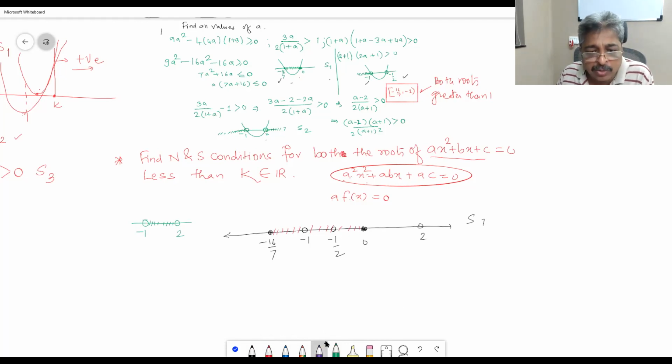Let me mark S2 in violet, -1 to 2. And S3 will be left of -1 up to infinity, and right of half up to plus infinity. Let me mark it in green.